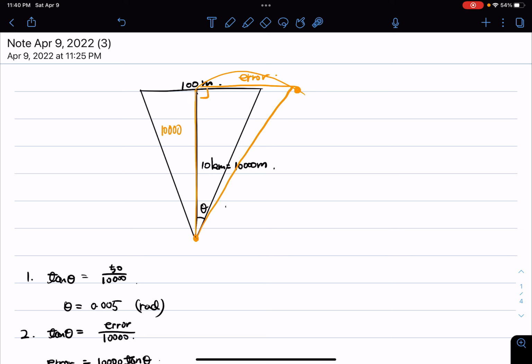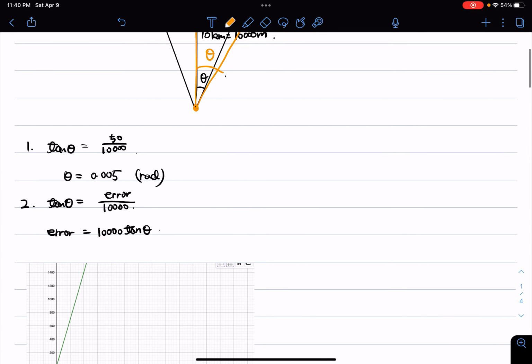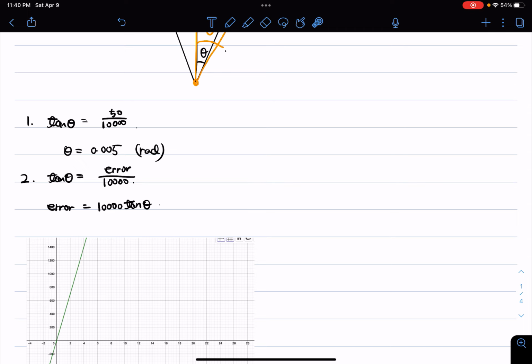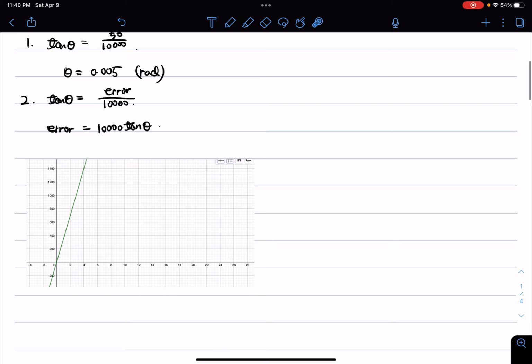It is supposed to go straight, but it went to the right, so this is the error it made, which makes another equation. Error over 10,000 equals tangent theta, and by switching their positions, we get error equals 10,000 tangent theta.